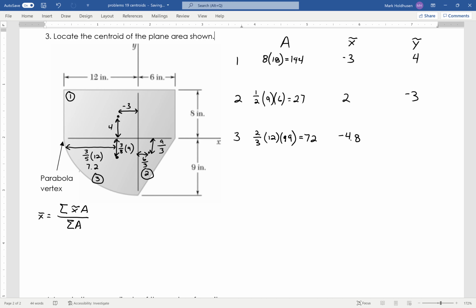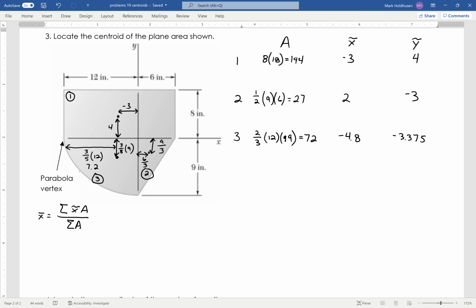Now, the 3/8 times 9 is from the x-axis, so when y equals 0, I get 3.375. Basically you break this plane up into components, find the area and the centroid of each component.